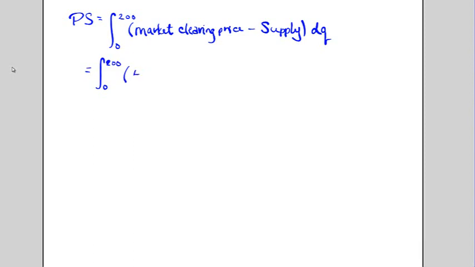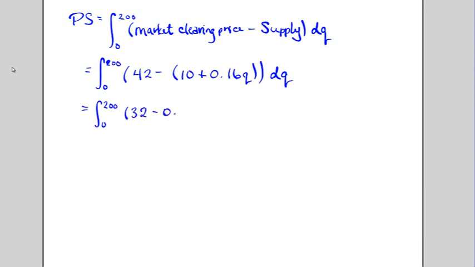Remember, the market clearing price is 42 minus the supply curve, which is 10 plus 0.16Q. After simplifying, we have 32 minus 0.16Q.